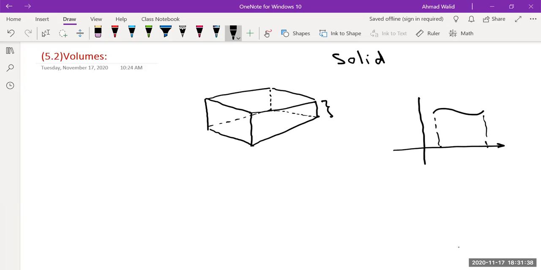For example, this is an interval AB. We start with this. First, dividing the area under the curve into rectangular shapes, right? Then add all of them, and we were able to find the area under a curve, right? That's what we call the Riemann sum.